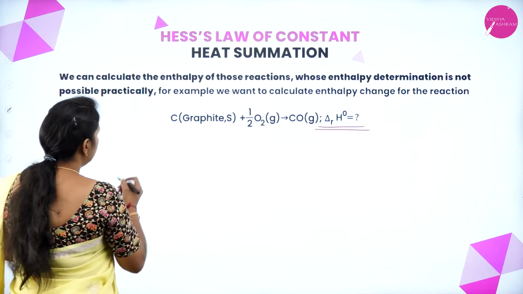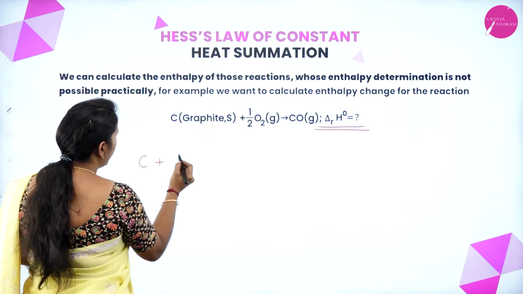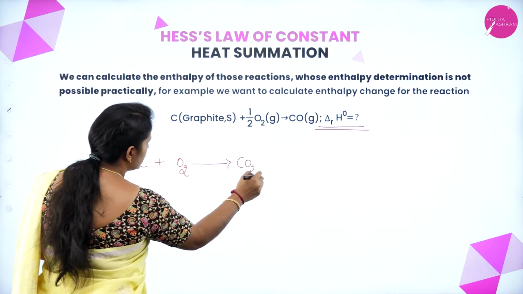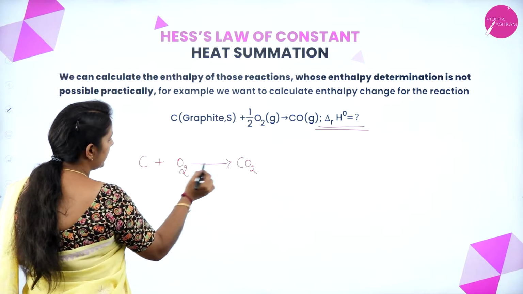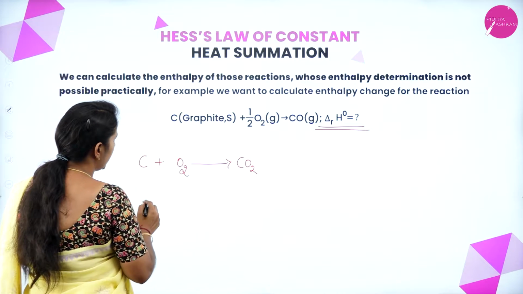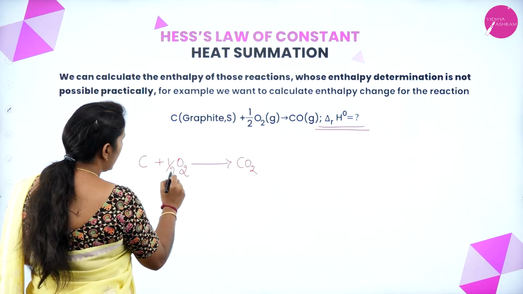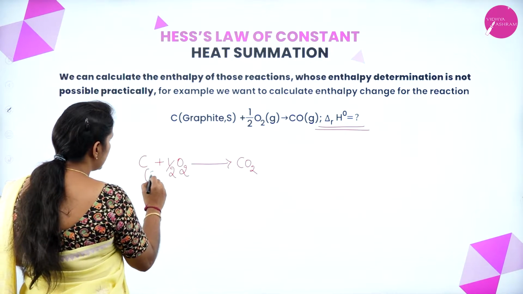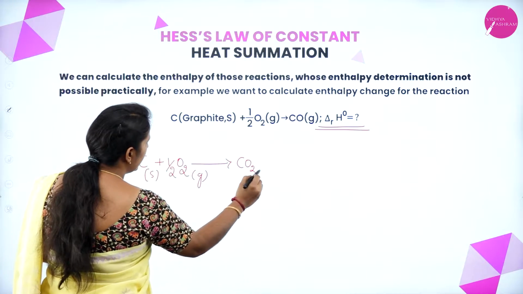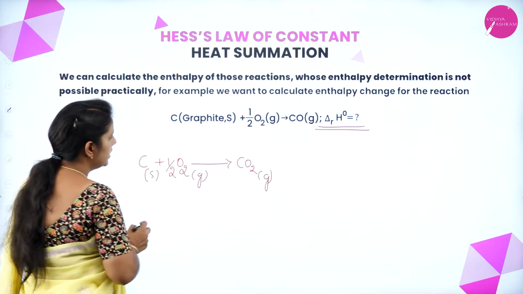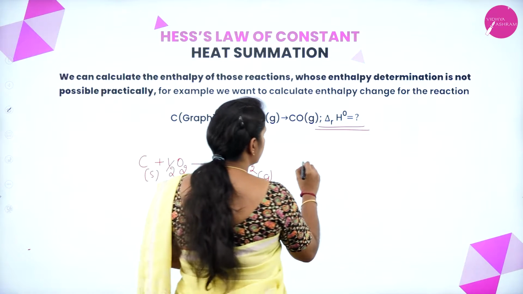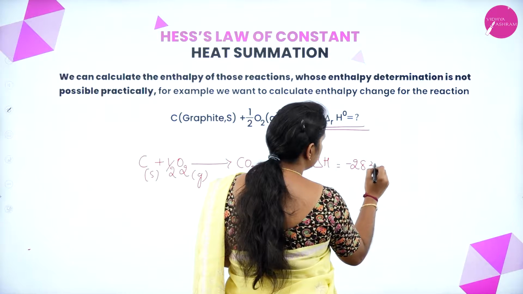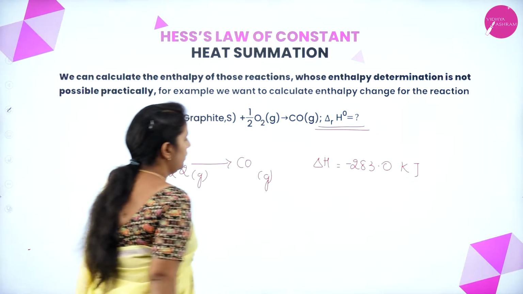We know that carbon combines with oxygen to give carbon dioxide, and only half an oxygen combines to form carbon monoxide. This is a solid, this is a gas, and again this is a gas. The enthalpy change for this reaction is around minus 283.0 kilojoules. So look at the board now.